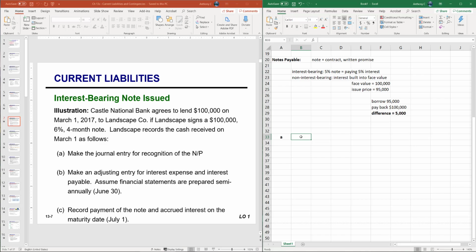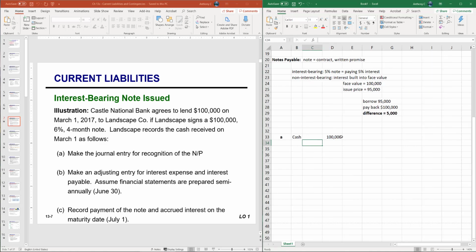We're recording it from the perspective of Landscape, so we're the one borrowing the money. If we're borrowing money by signing a note, we're getting cash, so we'll debit cash. We're getting lent $100,000, so we'll debit cash for $100,000.